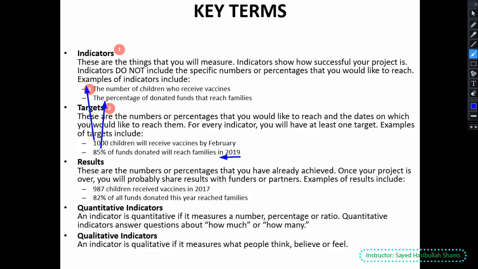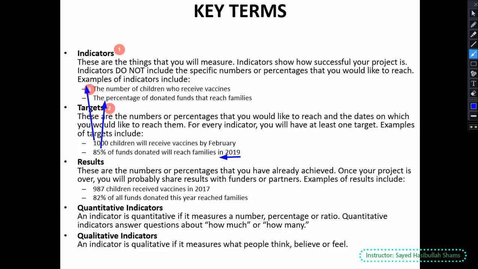So now we have the result. What is a result? The result is the number or percentage that we have actually achieved. When the project or the activity is over, we share the result with our stakeholders, with our partners, and with different groups who have an interest in our projects and activities.